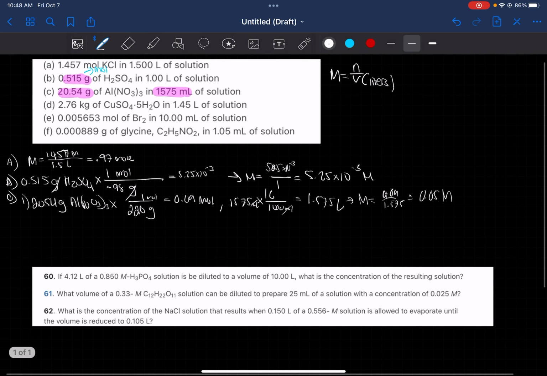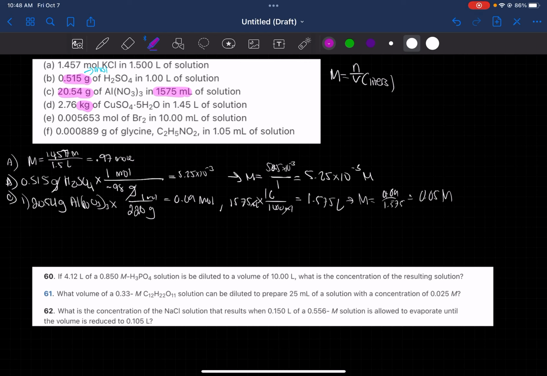D, you need to change your kilograms, which is a different form, and your liters are already solved for. So for D, you do 2.76 kilograms, and for every 1 gram, this is a different conversion right here.